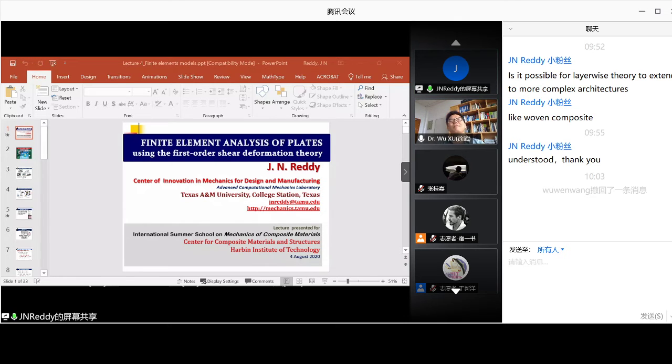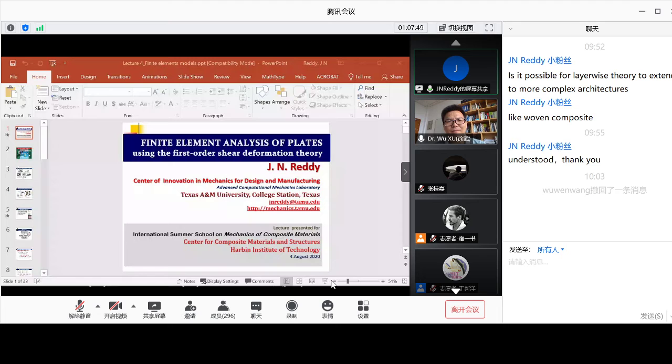So I think you can mimic it in some ways, but you have to talk to the people and see if there is a way to do the layer-wise in the context of 3D elasticity, because they have 3D elements.